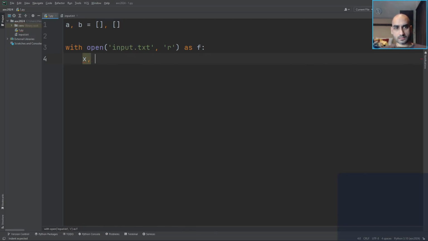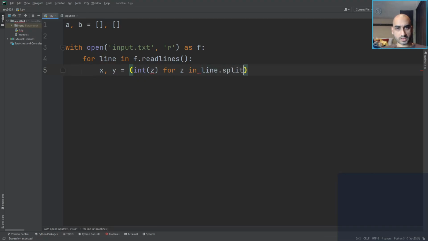Let's say x, for line in f.readlines, x, y equals int z in line.split. So I'm gonna get the two numbers, and then we just say A.append x, B.append y.